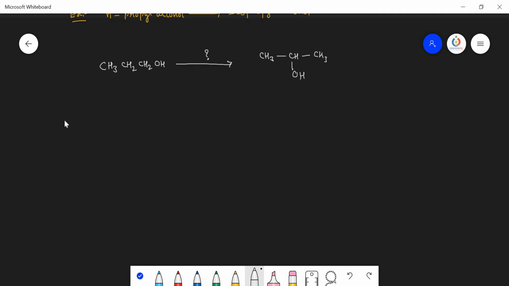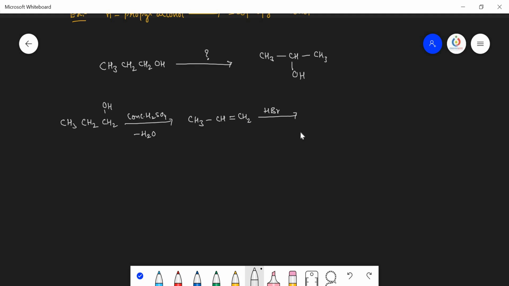Just by the dehydration process. So let us take the CH3CH2CH2OH subjected to concentrated H2SO4. So there will be loss of a water molecule, hydrogen from here and OH from here. So we get CH3CH=CH2. Then subject this one with HBr.